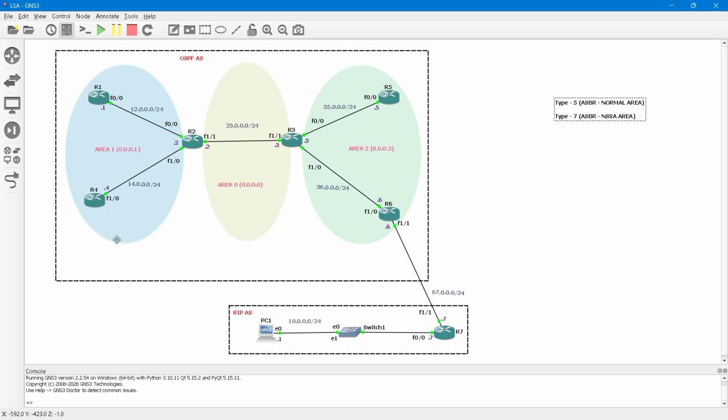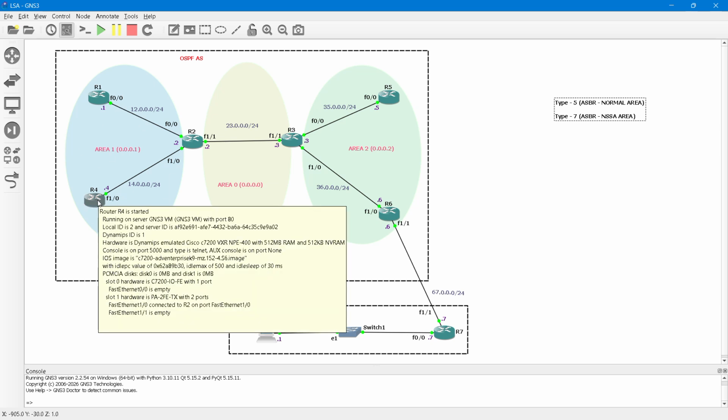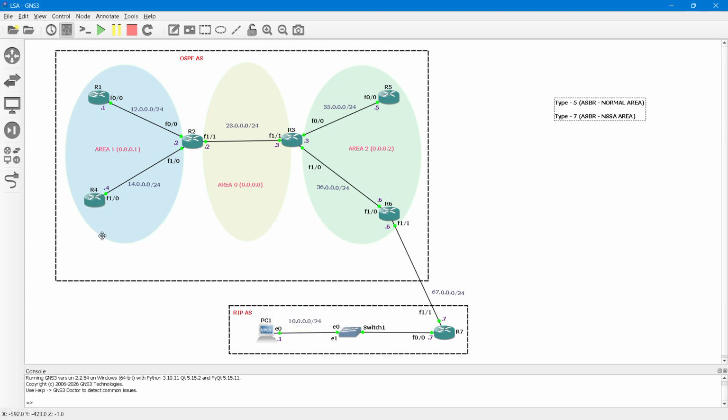I'll connect it with the external network like this, and then in this NSSA, not so stubby area, when it generates the LSA, it will generate our type 7 LSA. Type 7 LSA is also known as external LSA. This is the very first name of type 7 LSA, and its name is also NSSA LSA. So let's build the topology and see.